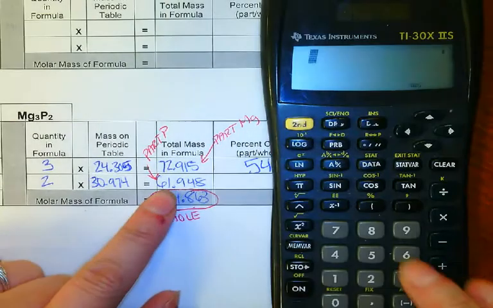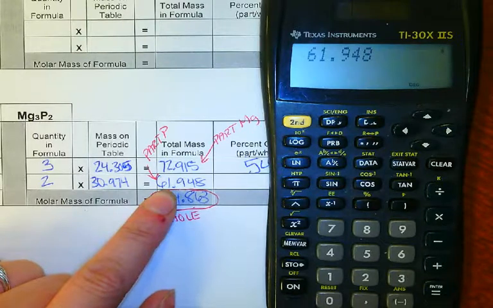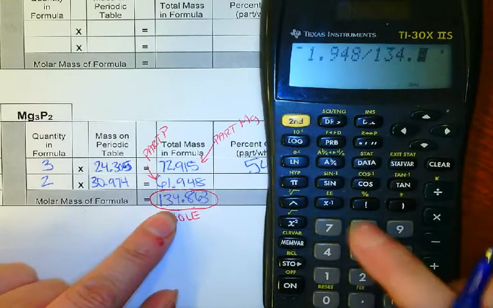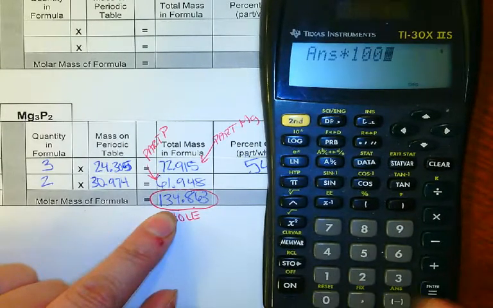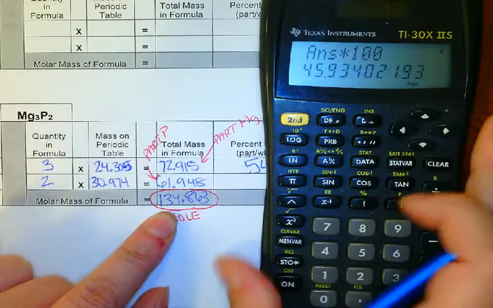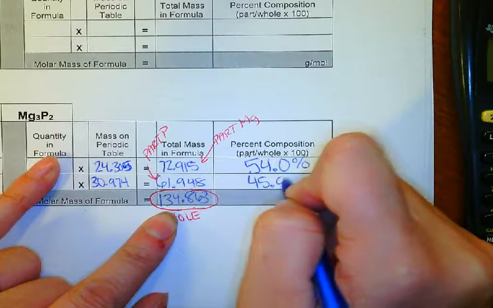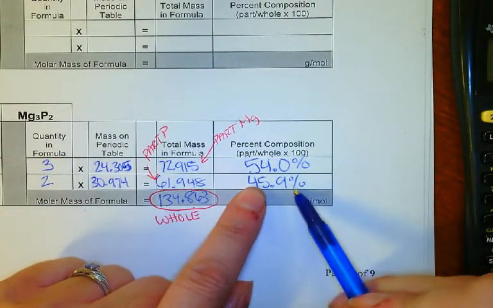Same thing for this one now. 61.948, that's the part that are my 2 phosphoruses, divided by the whole molar mass of the compound, 134.863, times 100, equals 45.9%. And then a really easy way to check our work is this should add up to almost exactly 100%.